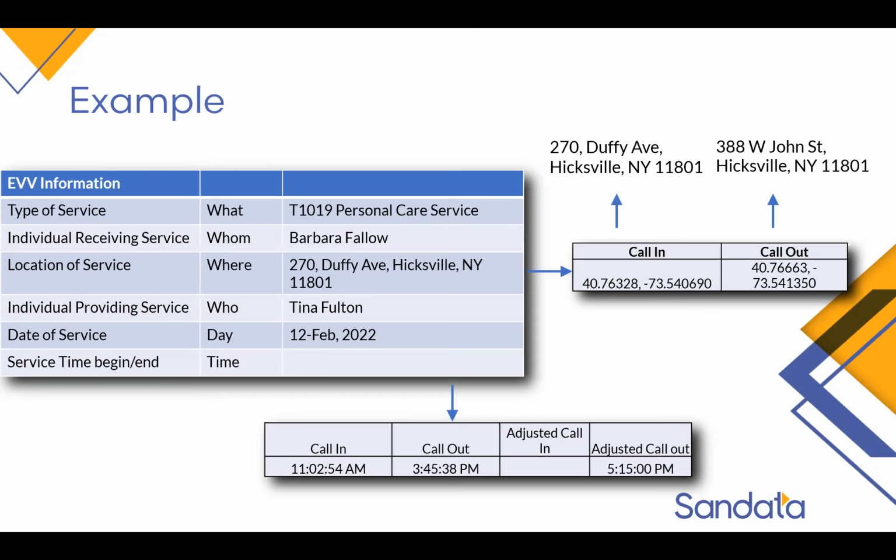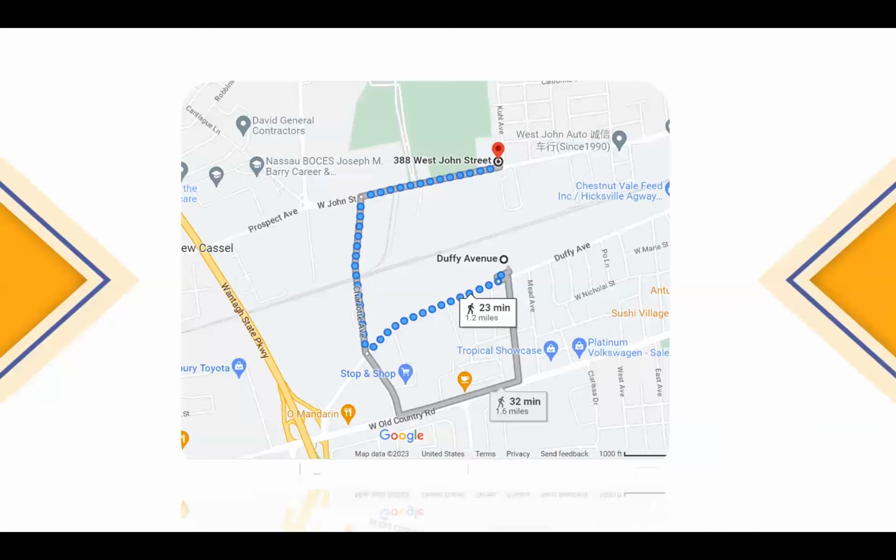Okay. And if you actually take these and map them out on a Google map, you will see that the call out time was actually made across the street, and it actually happens to be a Dunkin' Donuts.